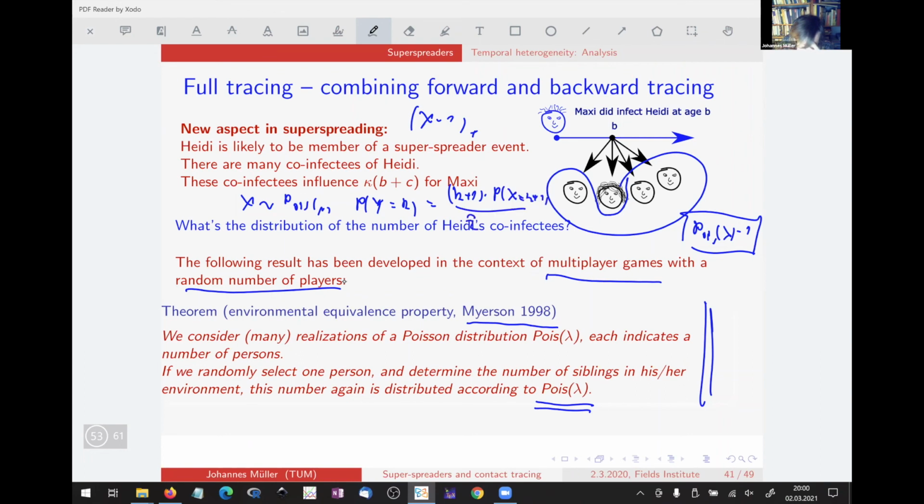Then we have to normalize, of course. So we select single individuals and not realizations. Is that clear? So in principle, it doesn't actually matter whether they're siblings or anything else. Precisely. Okay, thanks.